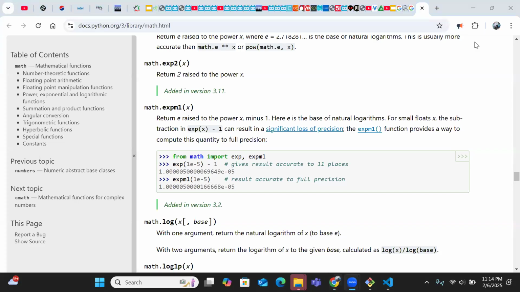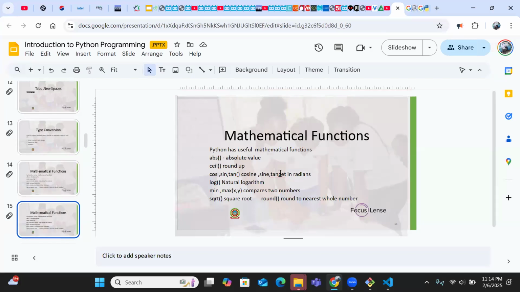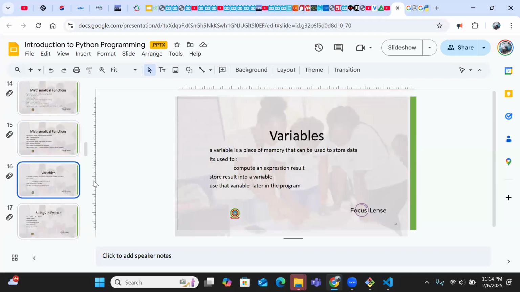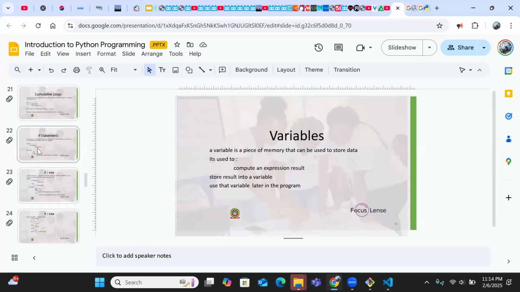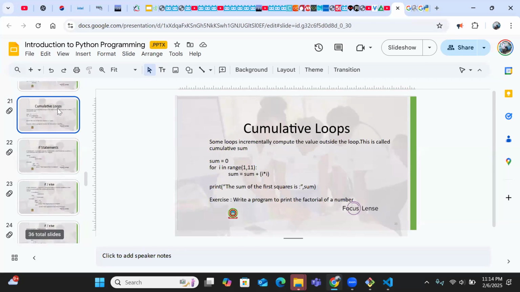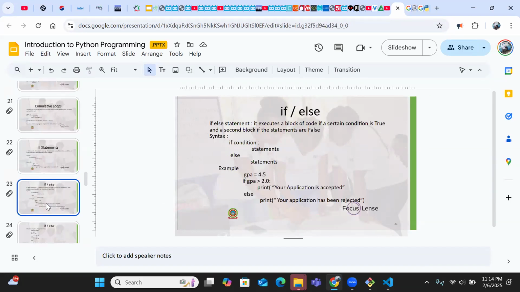Next, we want to look at if statements. We had looked at loops. We had looked at for loops. We want to look at if statements.